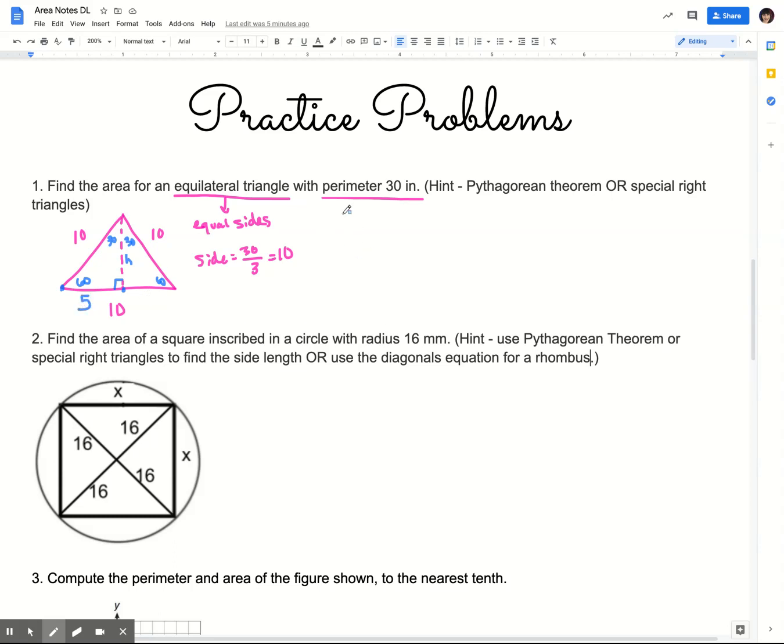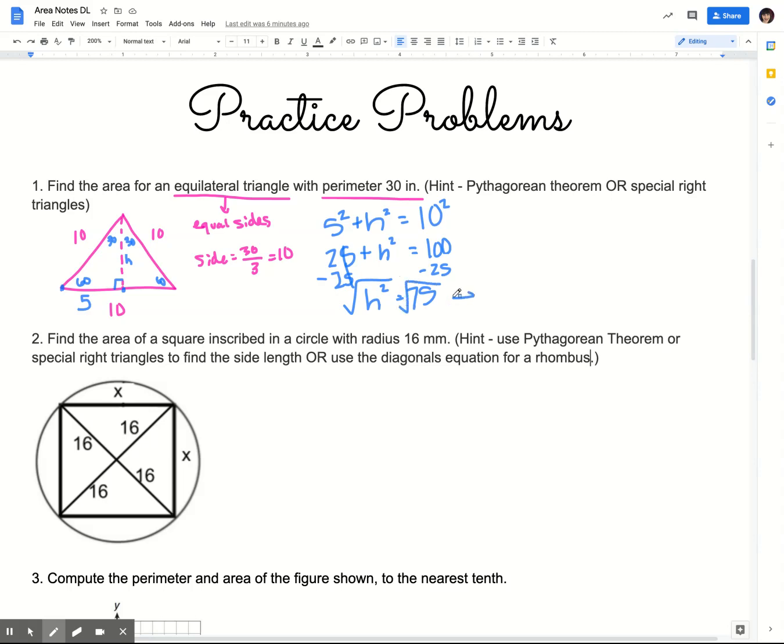So if I want to find the height, I can do 5 squared plus my height squared equals my hypotenuse squared, which is 10. So this is 25 plus height squared equals 100. I'm going to subtract 25 from both sides. So I have h squared equals 75, and then I'm going to take the square root.